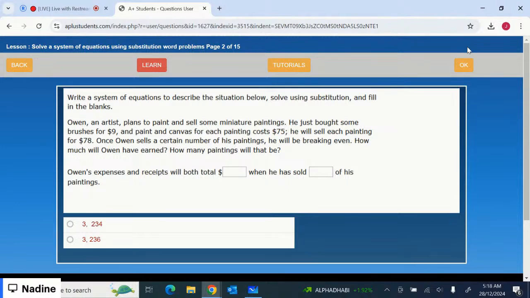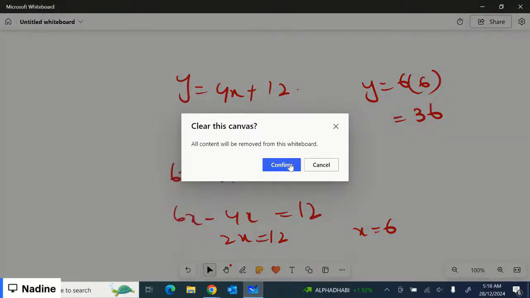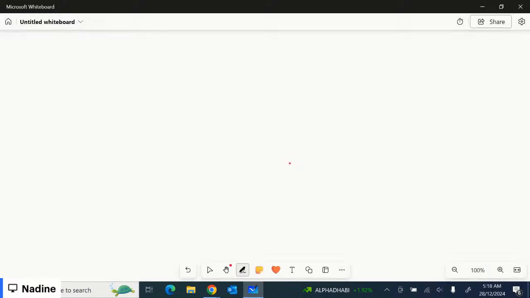So we need to write down the equations. The first one would be y equals 75x plus 9, and the second one would be y equals 78x. Now substitute the value from equation number 2 into equation number 1.